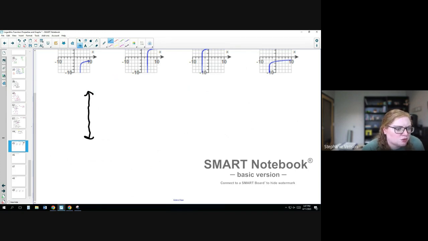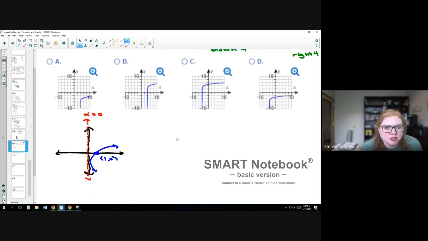Y'all pretend like that's super straight. There we go. Okay, so we know that our parent function has an asymptote at the y-axis, or x equals 0. And we know that it goes like this, right? And it goes through this point right here, which is the point 1, 0. Okay, so that's our parent function.